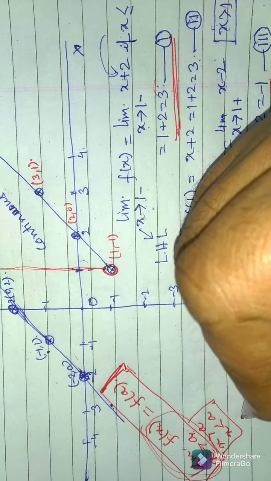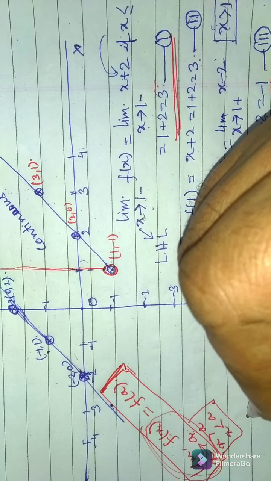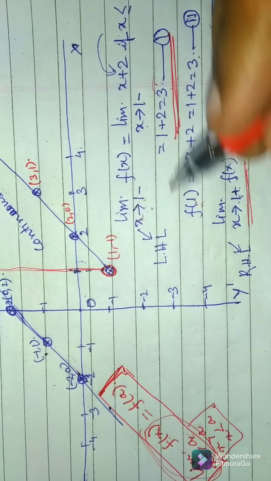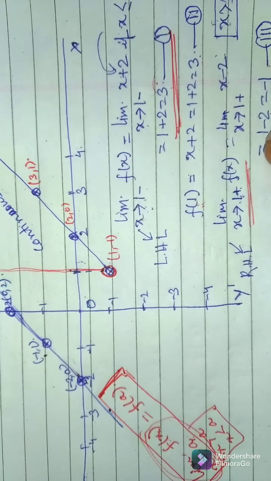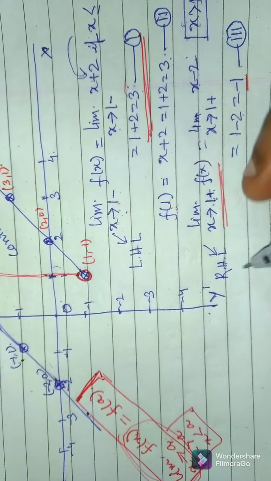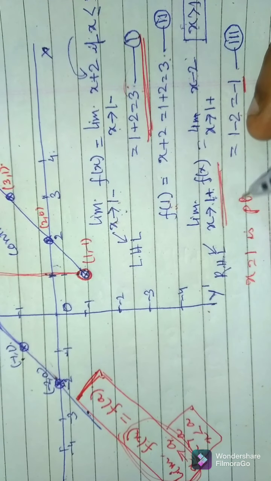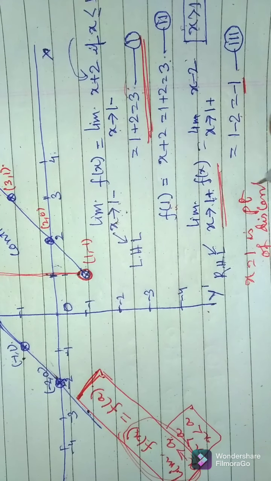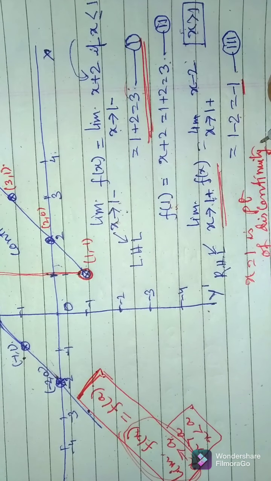Now I am coming to the next example, in which we will discuss whether the function is continuous or discontinuous. So here, for this question, the point x is equal to 1. See, x is equal to 1 is the point of discontinuity.